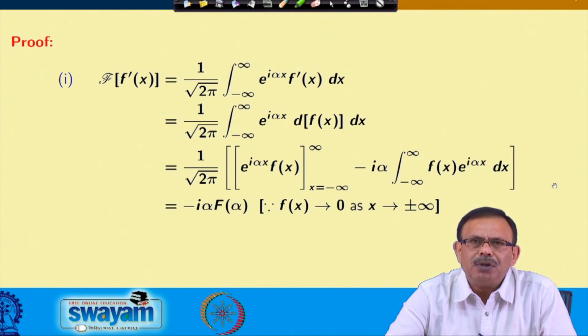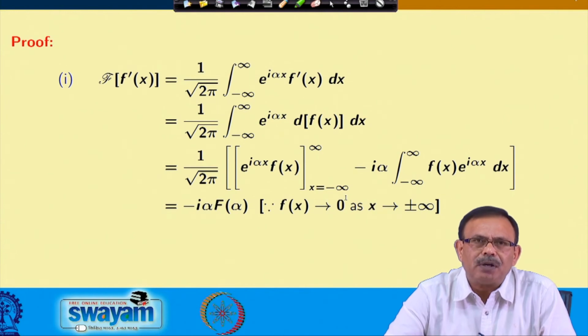So, that is 0, and the second integral is nothing but minus i alpha into the Fourier transform of f(x), which we are writing as capital F(alpha), from the definition we can write down.